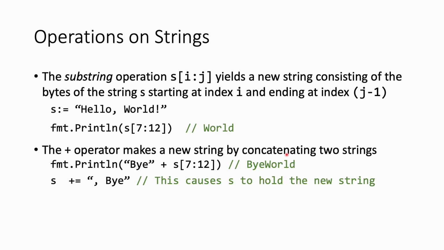Another operation on strings is concatenation, which is denoted by the addition or plus operator. The addition operator makes a new string by concatenating the two strings in its operands. For example, the addition of the string literal "bye" and the substring S[7:12], which is the string world, yields the string bye world.